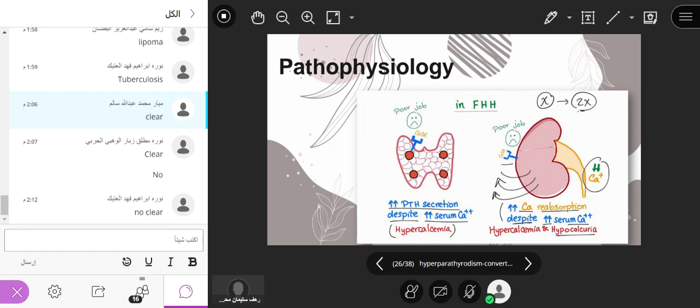As I mentioned, the calcium receptor is mutated, so it's not sensitive. So the parathyroid will think that there is not enough calcium in the body, so it's going to produce a lot of parathyroid hormone. So the patient will present with hypercalcemia and hypocalciuria.